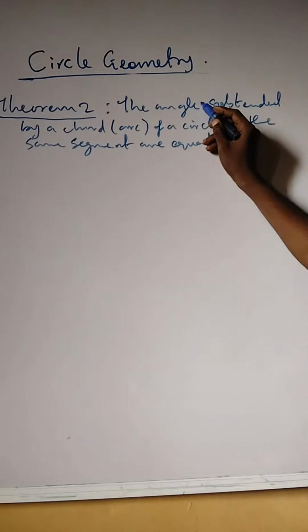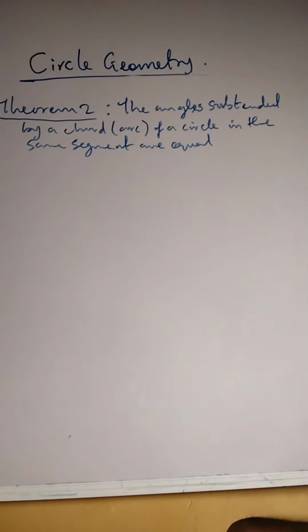So let's say the angles, because it's not one angle. So that's theorem number 2. The angles subtended by a chord or an arc of a circle in the same segment are all equal. So all those angles are equal.